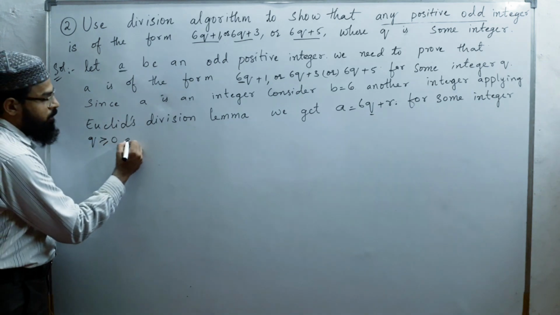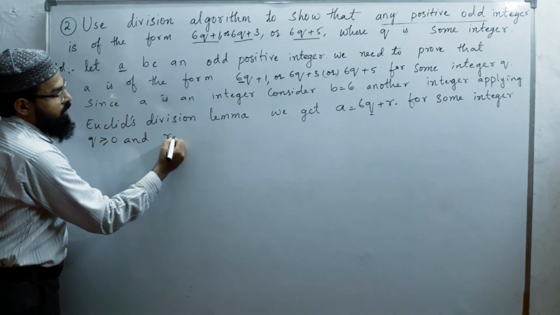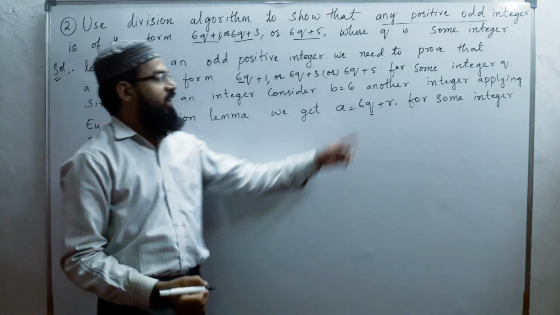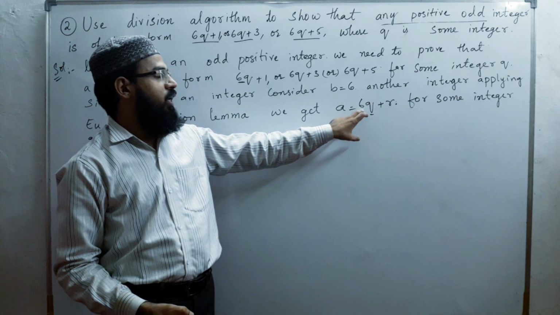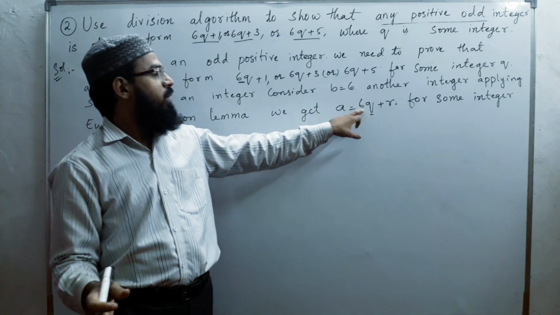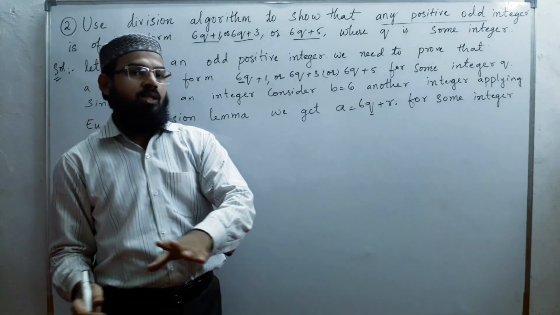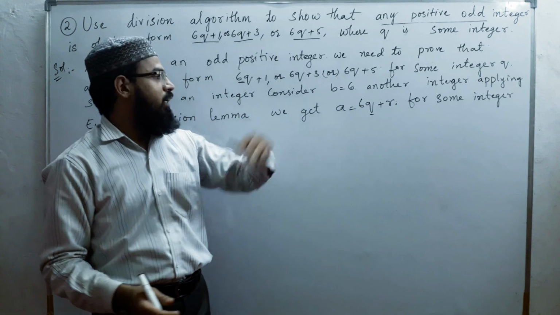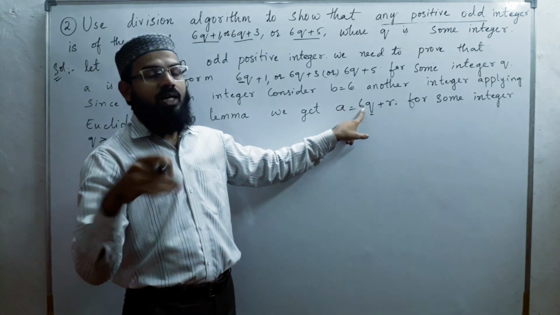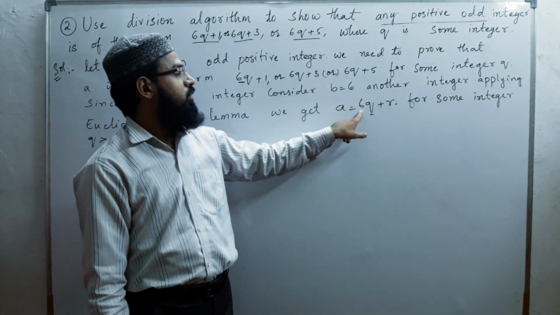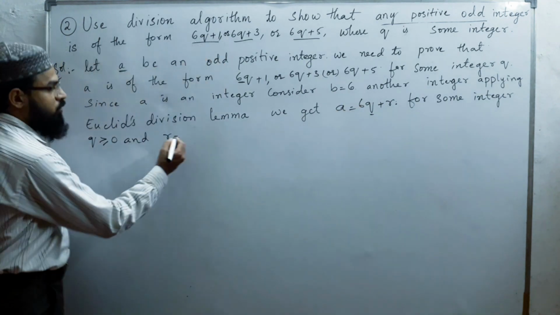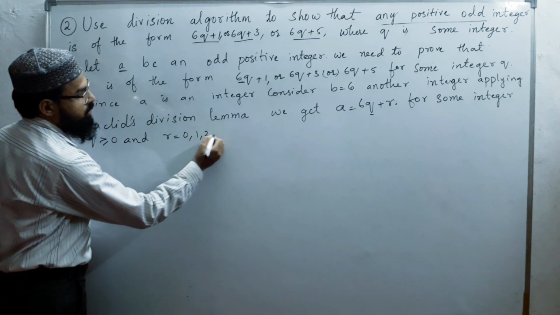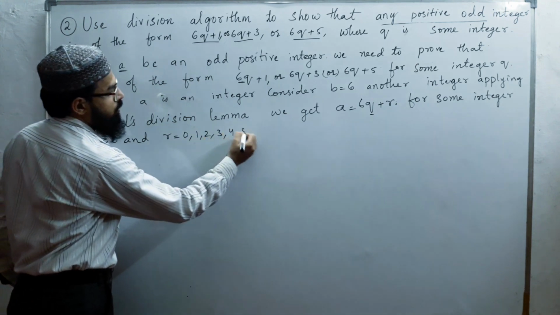And here the remainder: when we divide any number, like 7, we get remainders from 0 to 6, that is, one less than the number we are dividing by. For 6 we get remainders from 0 to 5: 0, 1, 2, 3, 4, 5.